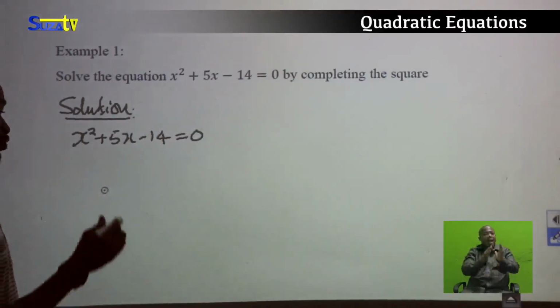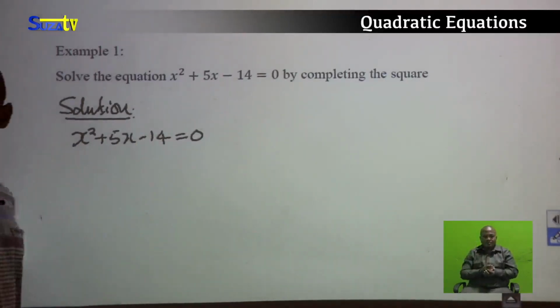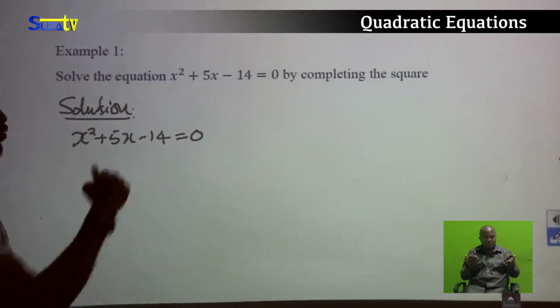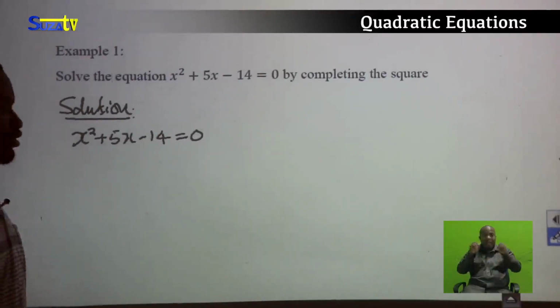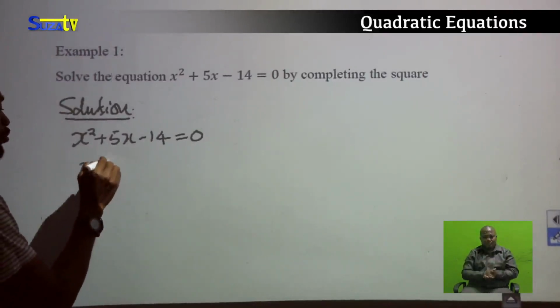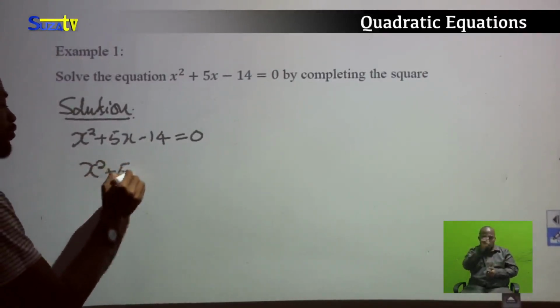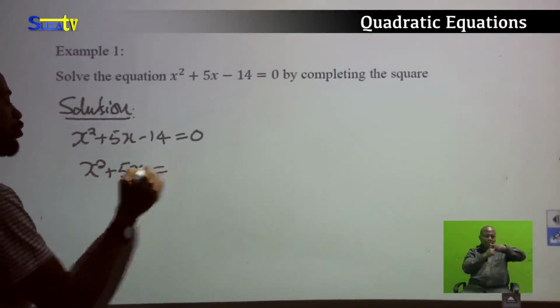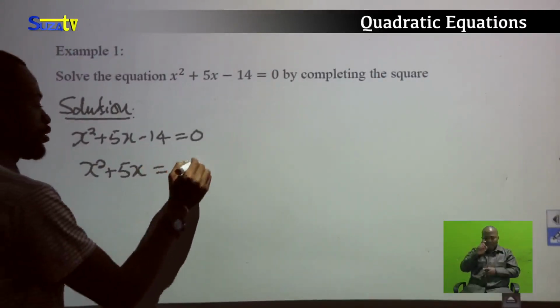Okay, let's go. So what can we do here? We have to add 14 throughout. So this is going to be x squared plus 5x is equal to 14.